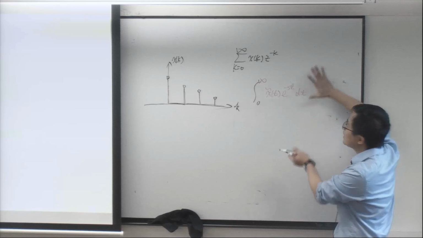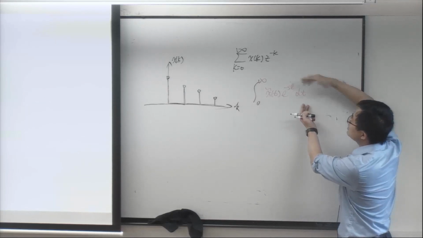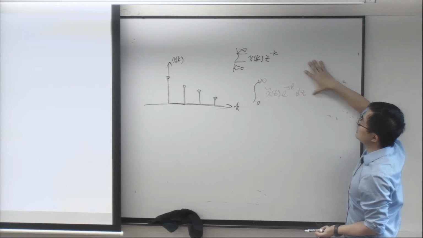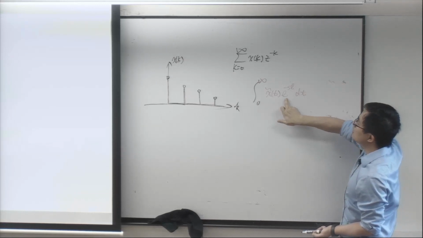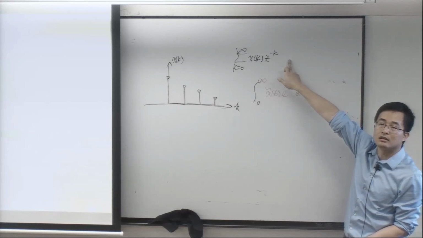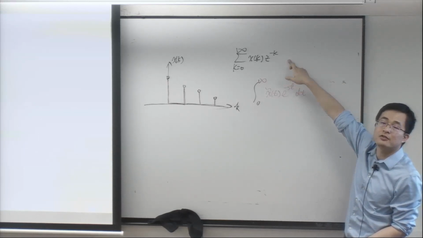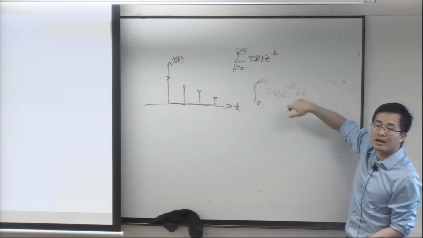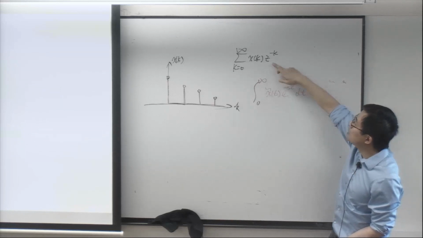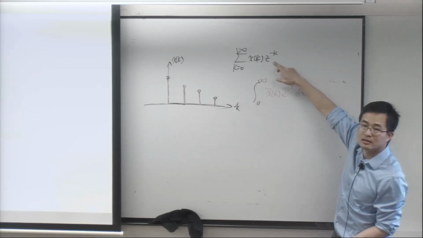Now, what I was asking in these two definitions is, what is the difference here? What I was trying to hint to you guys is, here I have e to the negative st, and here is z, right? So that's the difference in notation. Now, we will actually discuss how to interpret z and s.